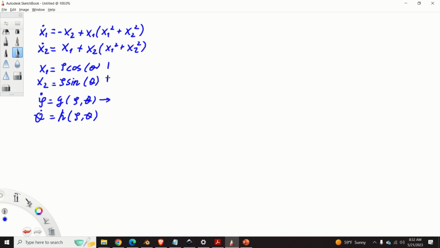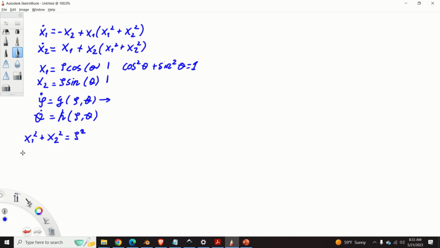First, I will explain how to obtain this equation. From this equation and this equation, we can obtain x1 squared plus x2 squared is equal to rho squared. This follows from the fact that cosine squared theta plus sine squared theta is obviously equal to 1. Next, let us differentiate this equation.